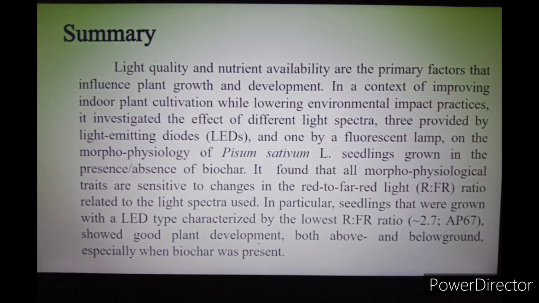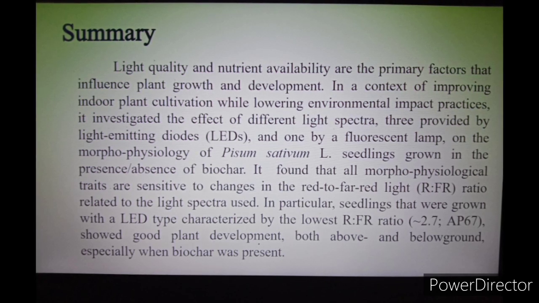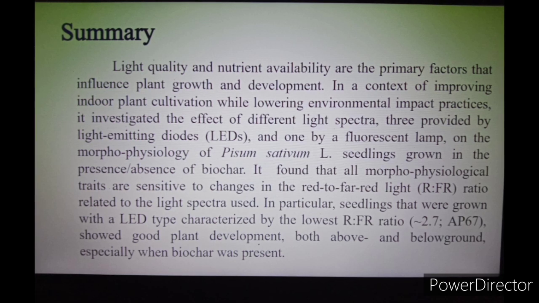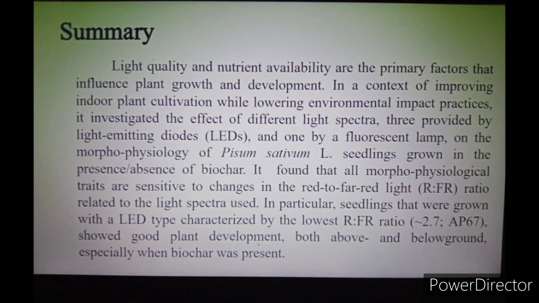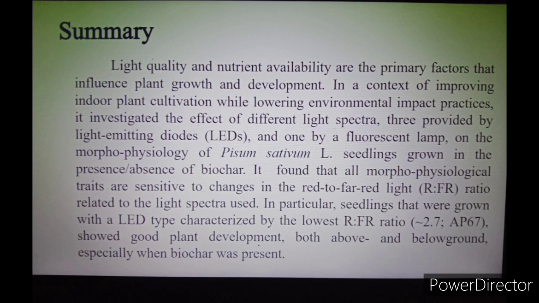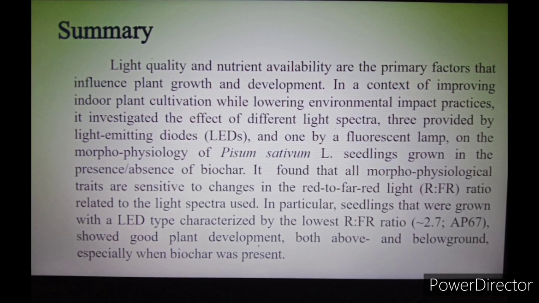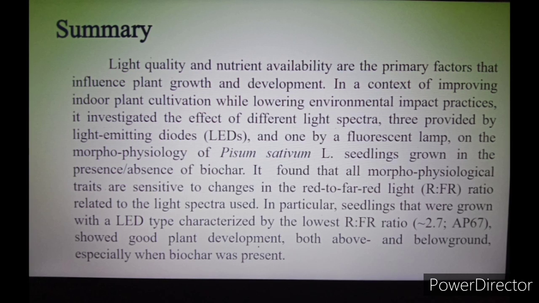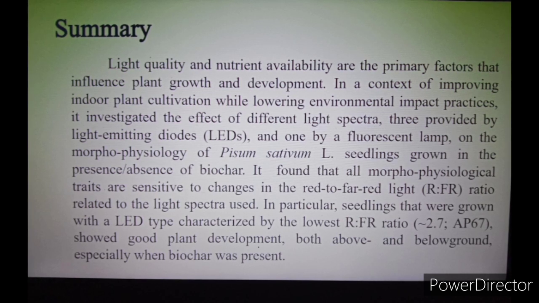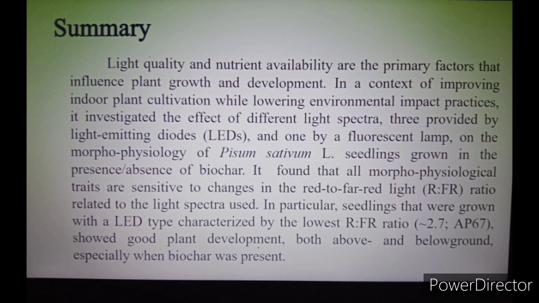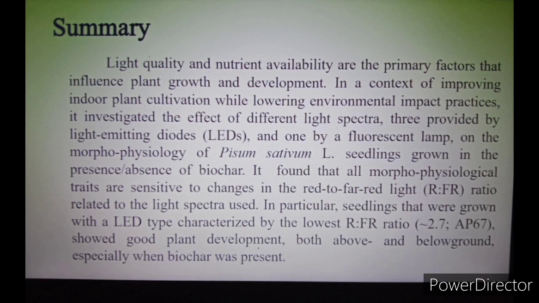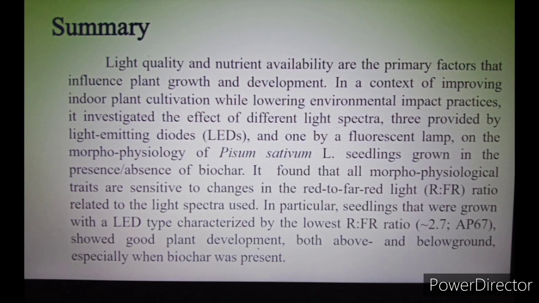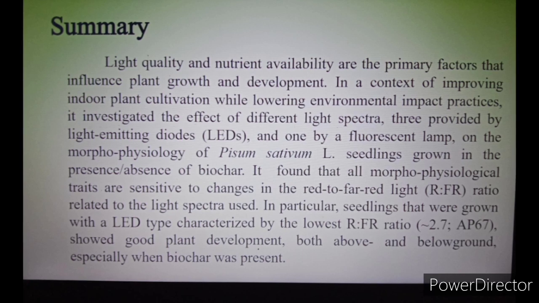to changes in the red to far red light ratio, with a LED type characterized by the lowest red to far red ratio of 2.7, AP67. It showed good plant development both above and below ground, especially when biochar was present.